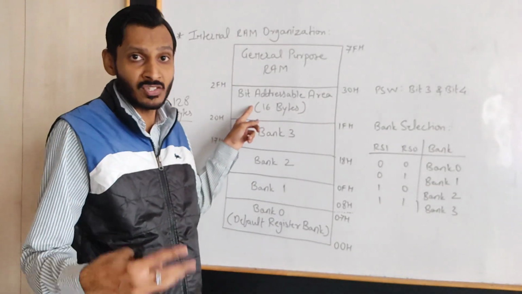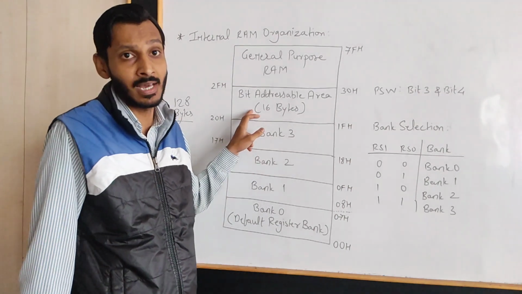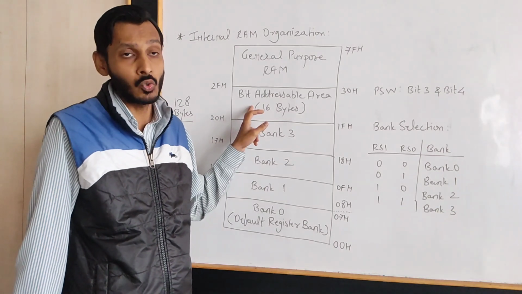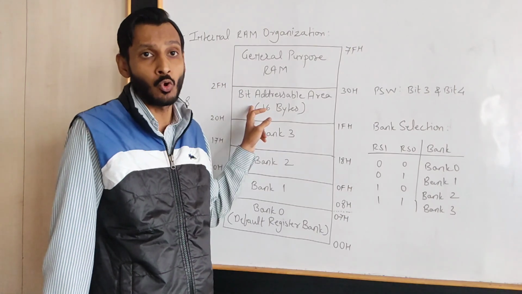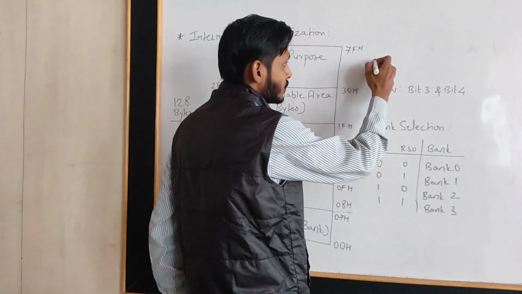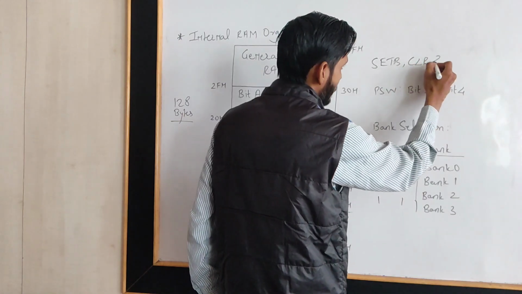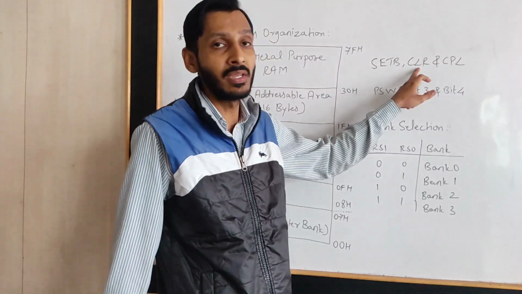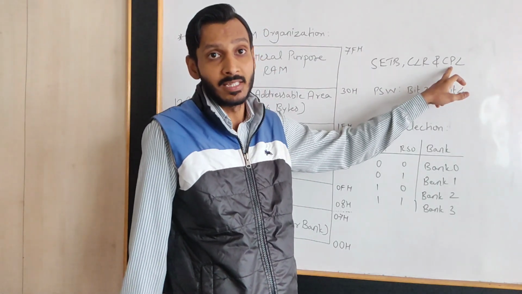Next we have 16 bytes. After the lower 32 bytes given to the 4 register banks, we have 16 bytes, called the bit addressable area. Here you can do bit addressing. General assembly instructions like set bit, clear, or complement (CPL) can be used for single bit operations.